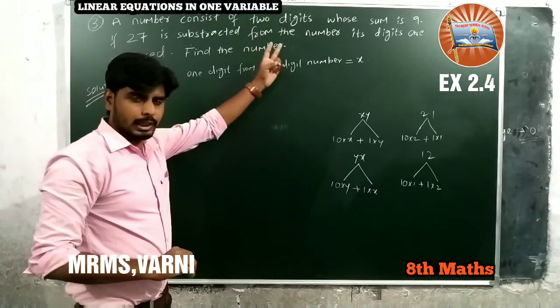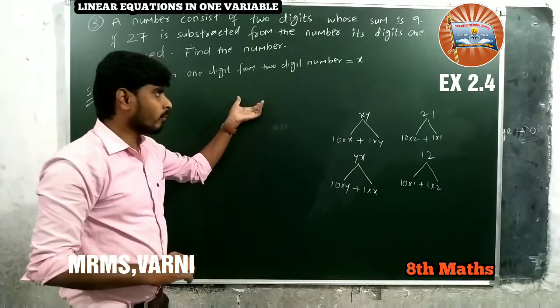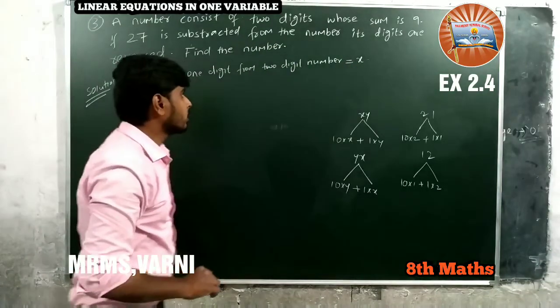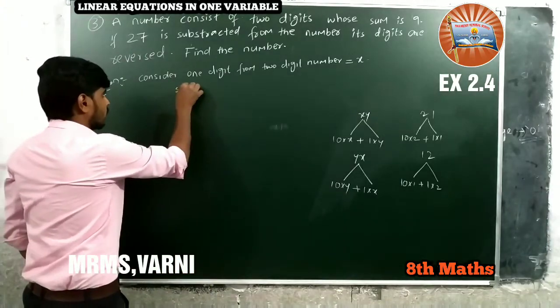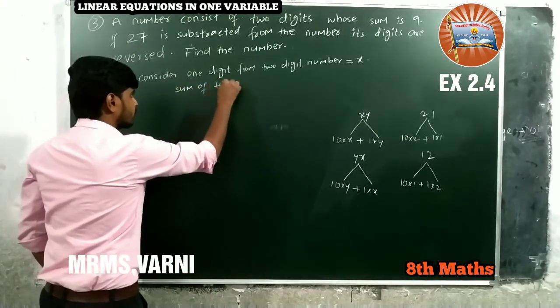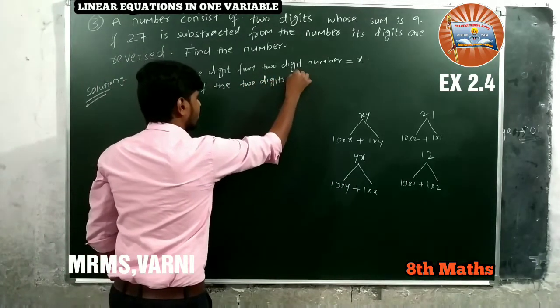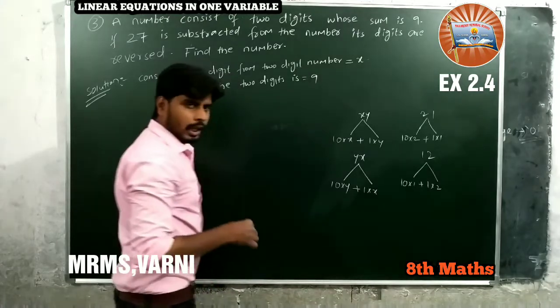It is a two-digit number, but I am considering one digit is x. The sum of the two digits is equal to 9.